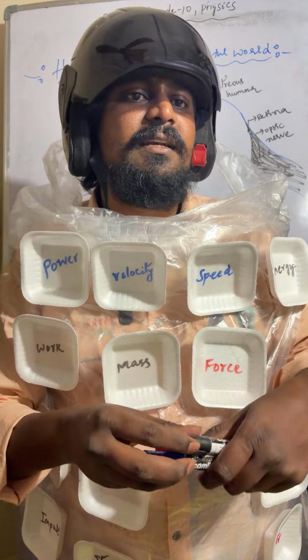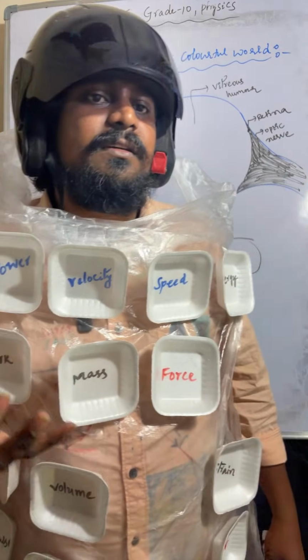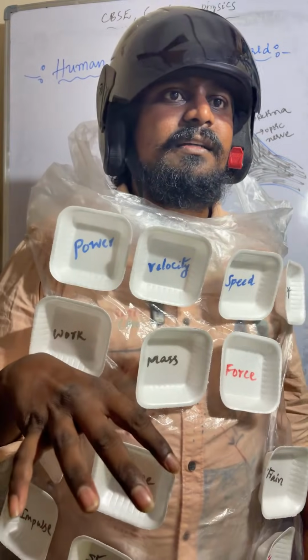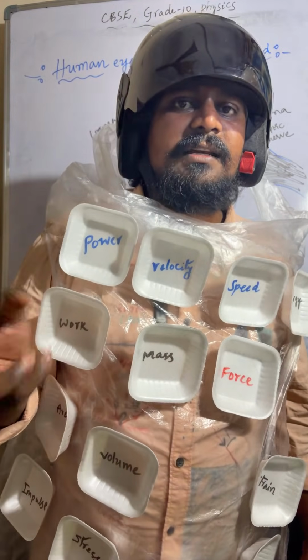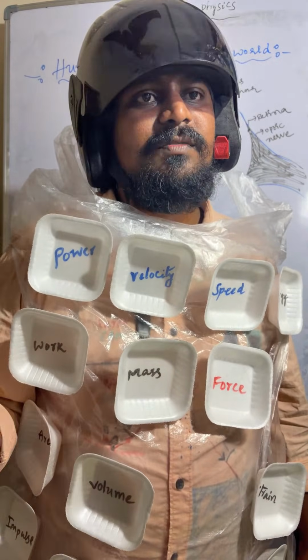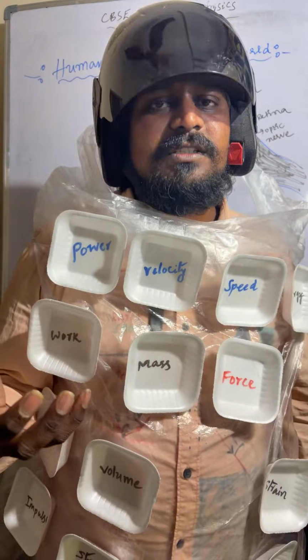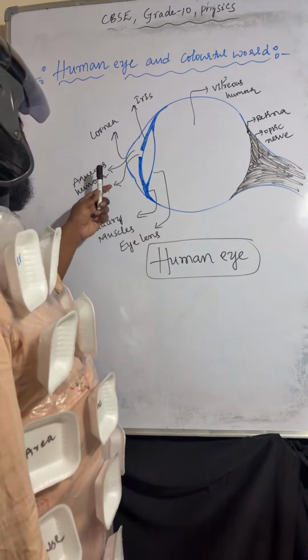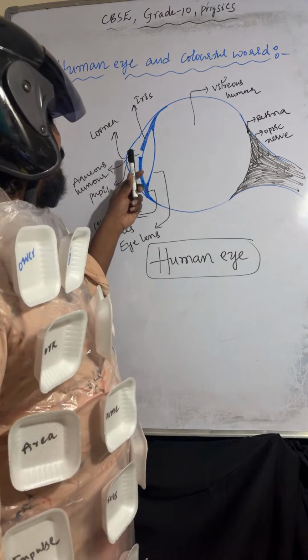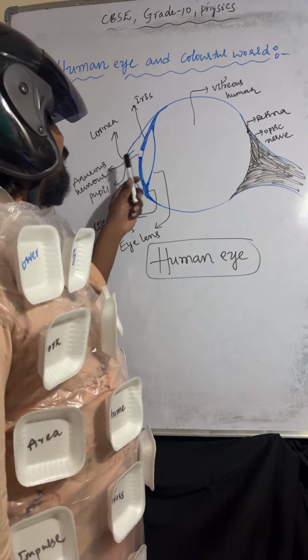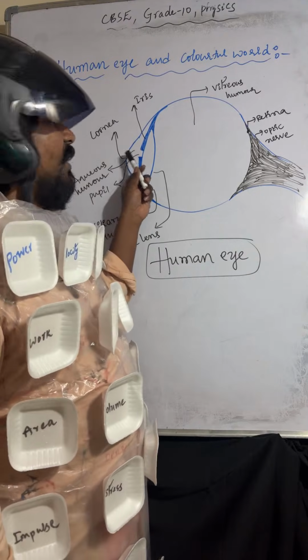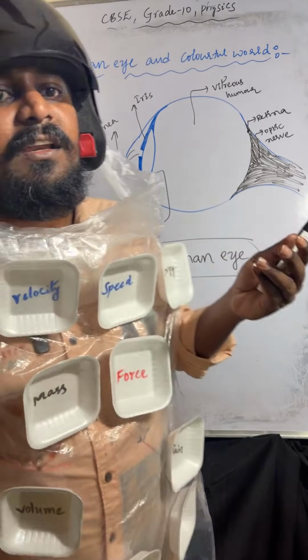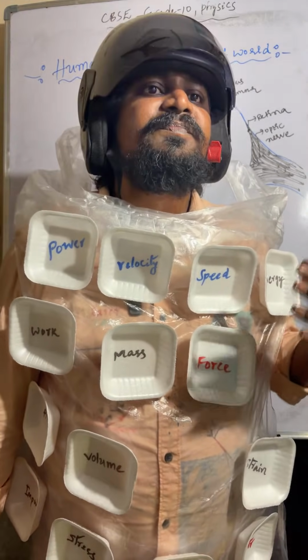Rods and cones are present at the retina only. The retina is a light sensitive screen. Whenever light rays meet at the retina, an image will form. But more rods and cones are present at the yellow spot. Now you can see here, aqueous humor is a jelly type liquid present between the cornea and the eye lens. It provides sufficient blood and nutrition to the central cornea.